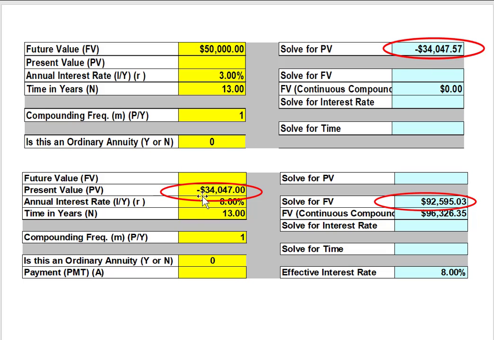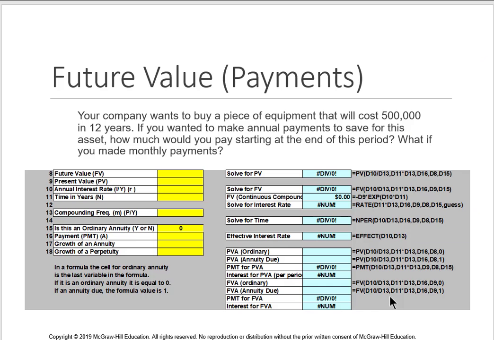The other example says if your parents had that money and invested it today at 8%, what would you have in 13 years? Now the answer is $92,595. Again, these are just lots of questions and examples of the way we can ask some of these questions.